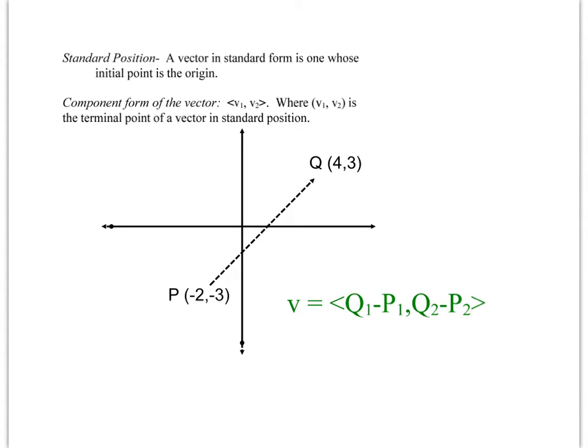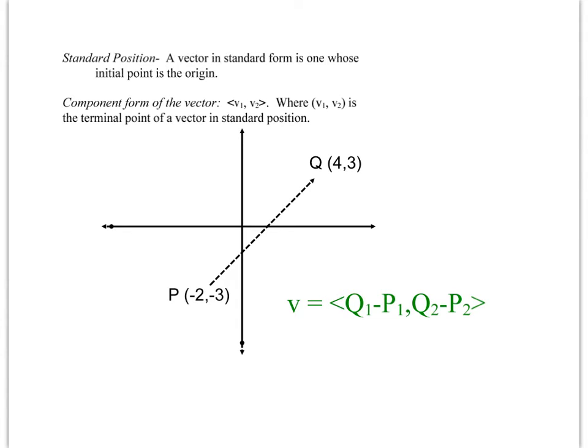And we always write a vector in component form using not parentheses, but hard brackets. So go ahead, folks, right now, see if you can figure out what this vector, which starts at -2, -3 and ends at 4, 3, would look like in standard position.